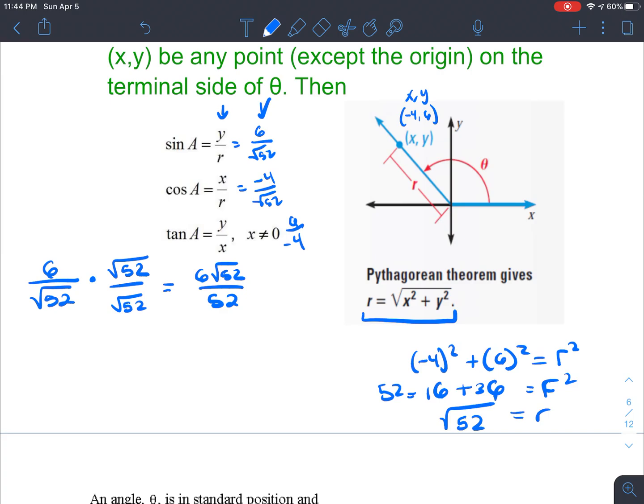Now we want to make sure every fraction is reduced to lowest terms, so both of these are divisible by 2. So our final answer here would be 3 radical 52 over 26. Okay, and same thing here, we would rationalize here, and we would reduce this to a negative 3 over 2.